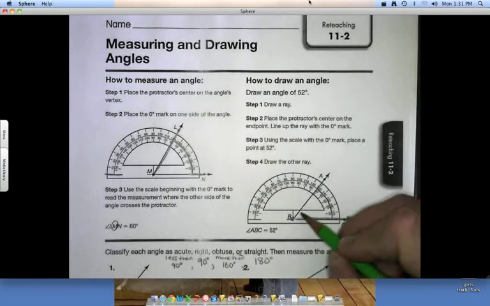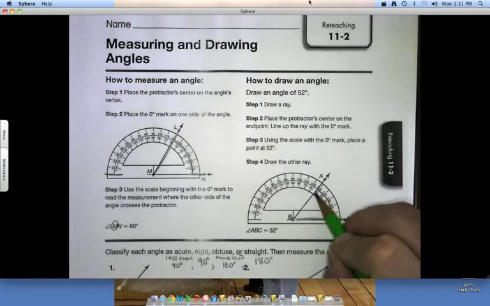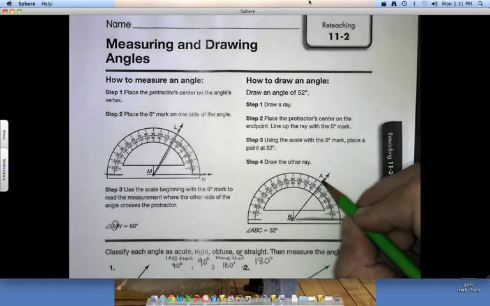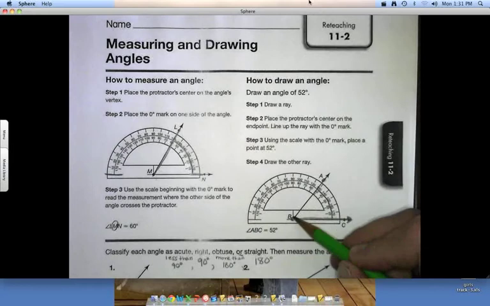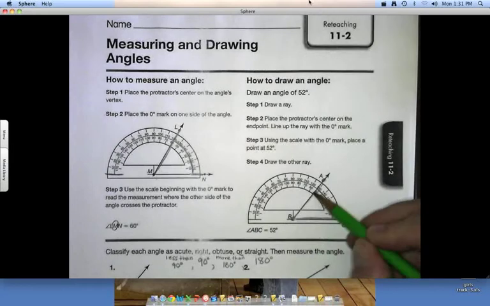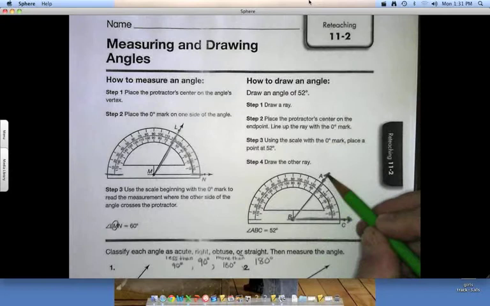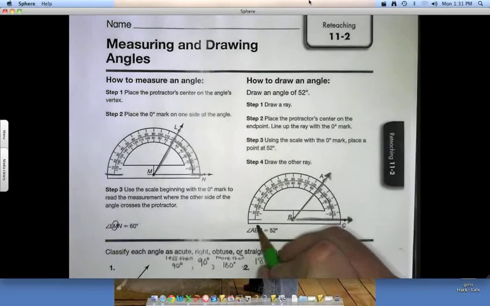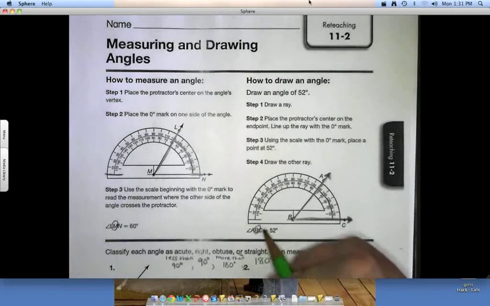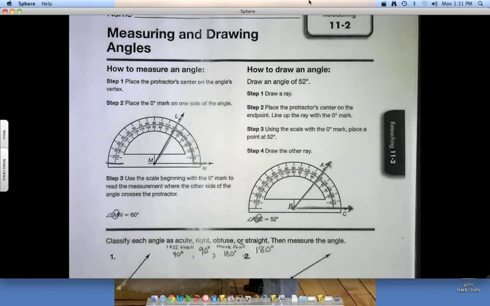You can see 52 is right where that line crosses. Put a little dot or point where that 52 is. Then you can use the straight edge of your protractor to draw that straight ray, BA. Again, important, look at how the angle is labeled. B is at the center of your label because that is the vertex of your angle.